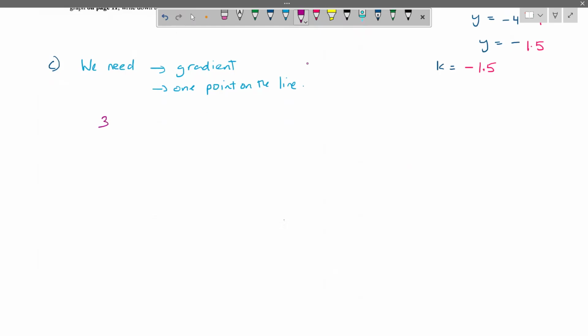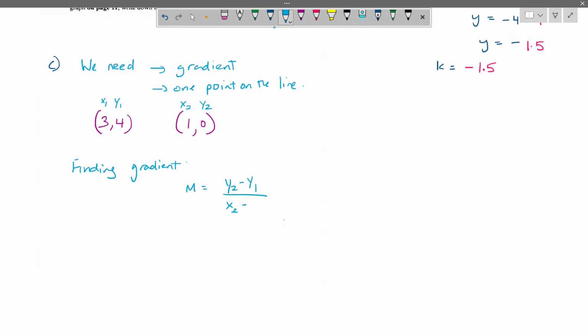So I am using 3, 4 and 1, 0. This is going to supply me with x1, y1 values, x2, y2 values to find my gradient first. So m is equal to y2 minus y1 over x2 minus x1.